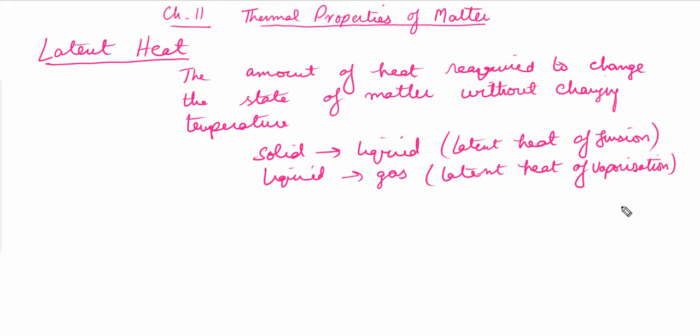Now we will discuss the specific latent heat. So I'll write down the definition of it. There's a slight difference between the definition of latent heat and the specific latent heat.